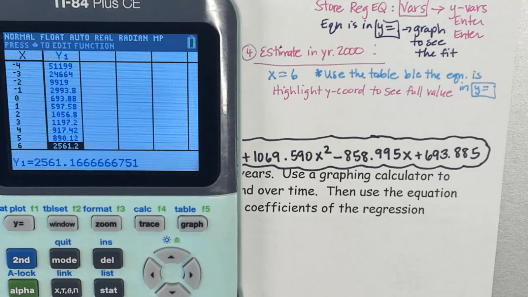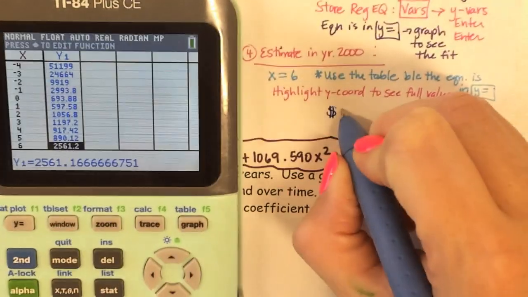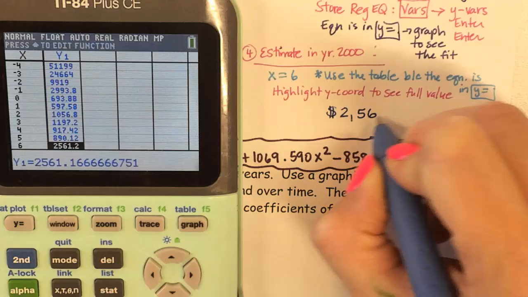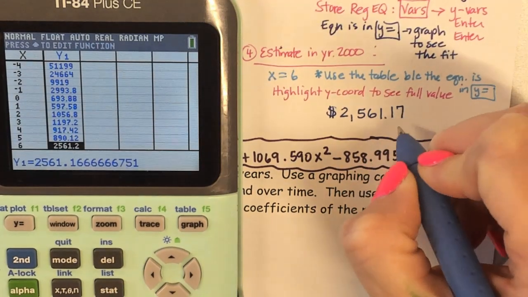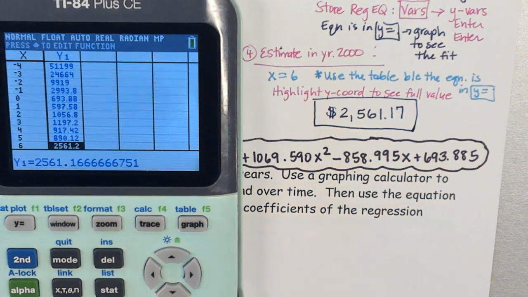So in this case, your answer is going to be $2,561.17. Okay, this is the best answer, the most accurate answer.